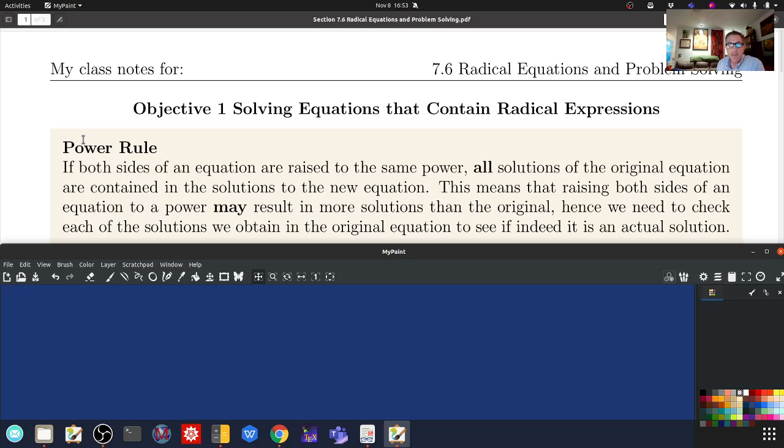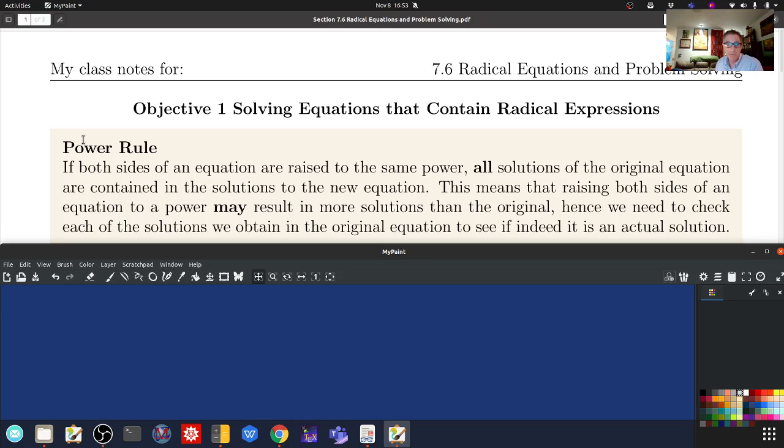If I have an equation, and an equation has an equal sign, and there's something on each side of the equal sign, if I raise both sides of the equal sign to any power, then all of the solutions that make the original equation true will also be contained in any solution to the transformed equation.